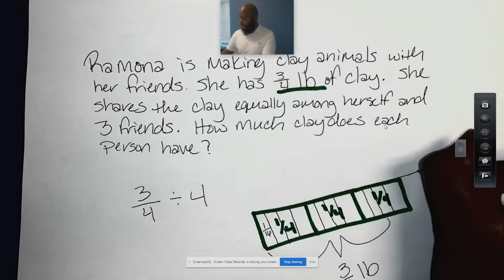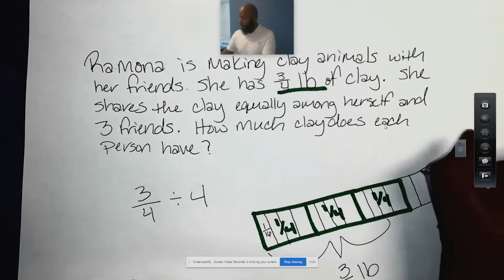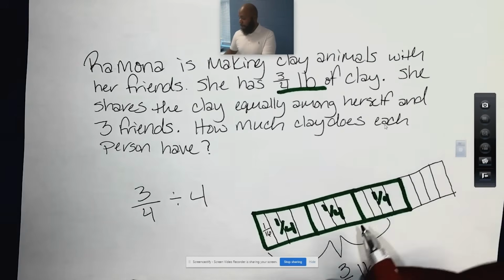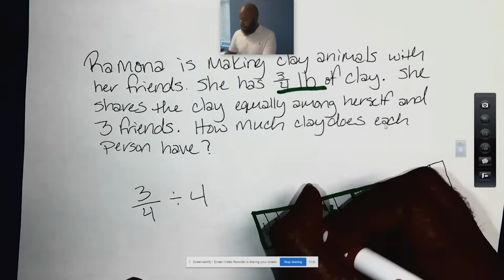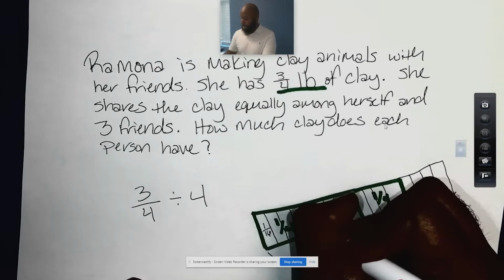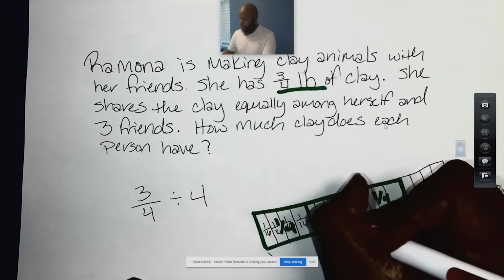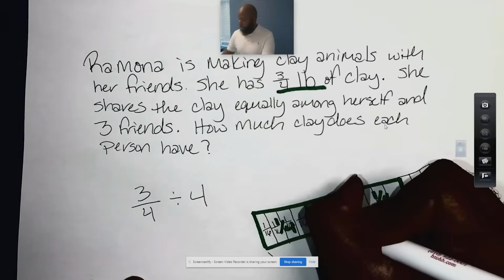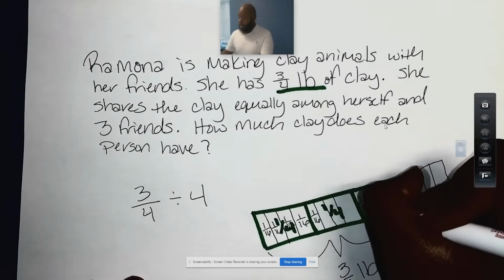If I extend this to get my whole, I break that up into 4 pieces. Now I have 16 total pieces. So this is 1/16, this is 1/16, and so on. This piece is also 1/16, and this piece that we're sharing is also 1/16.